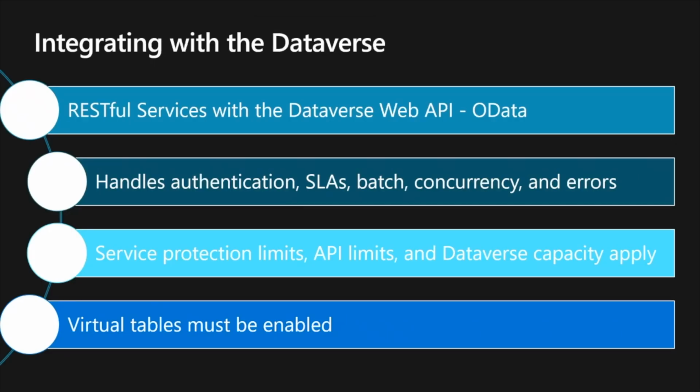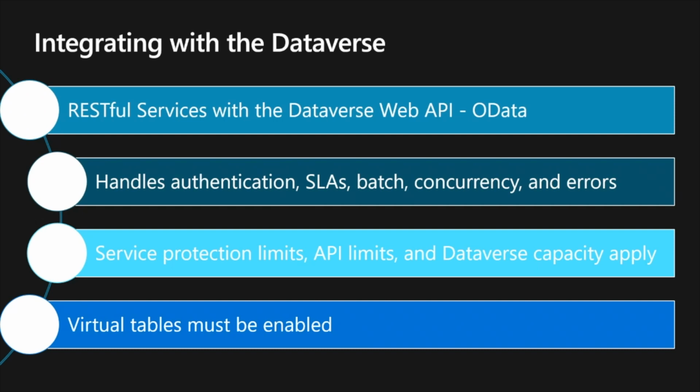There are a few things to keep in mind when integrating with the Dataverse. The integration is designed with RESTful services using the Dataverse web API, which leverages OData to write data back to the human resources application. The integration handles authentication, SLAs, batch processing, concurrency, and has error handling built in.